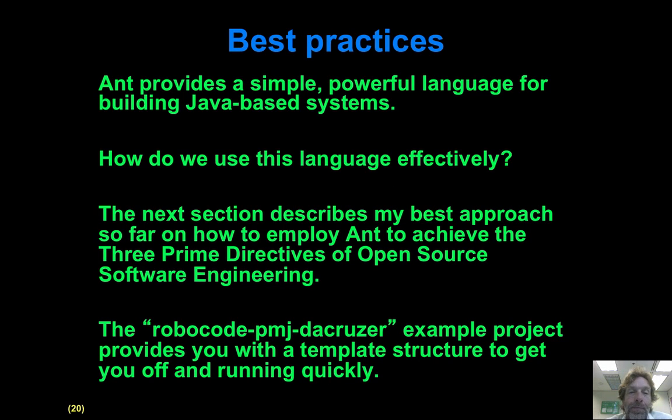So Ant, as a language, is a pretty good approach. It's become very popular. It has a certain maximal abstraction level, which Maven set out to solve by implementing a new language, which would be implemented in terms of Ant. But Ant is really a language, and just like any language, it doesn't really specify how you use it.